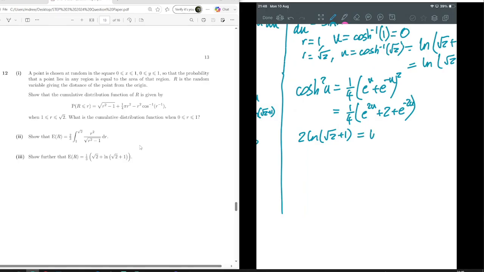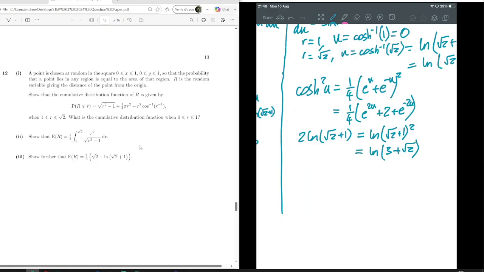I'd really like to write this as ln of root 2 plus 1 squared. So that'll be ln of, is it 3 plus... which is marginally worrying because I don't have a 3 plus root 2. I've got a 1 plus root 2 in my answer.